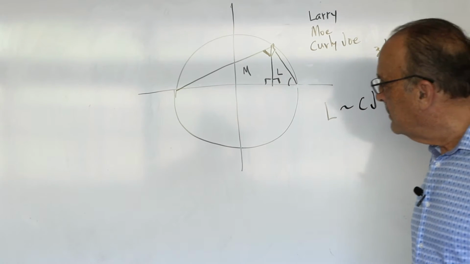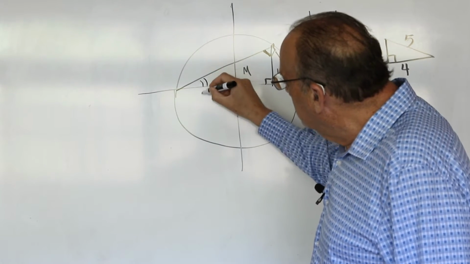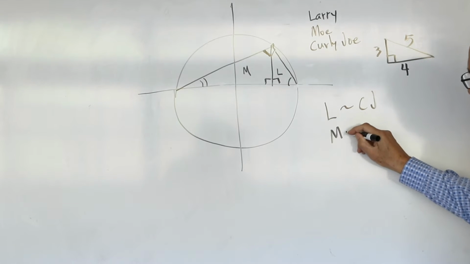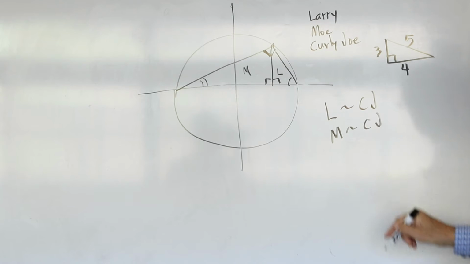Now, Mo and Curly Joe share that angle. So they have 2 angles the same, so they're also having 3 angles the same, and they're similar. Mo is also similar to Curly Joe. And similarity is an equivalence relationship, if you know what that means.